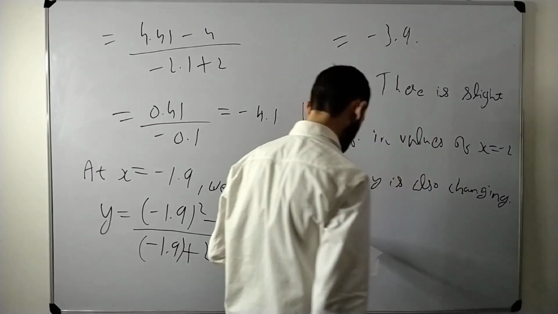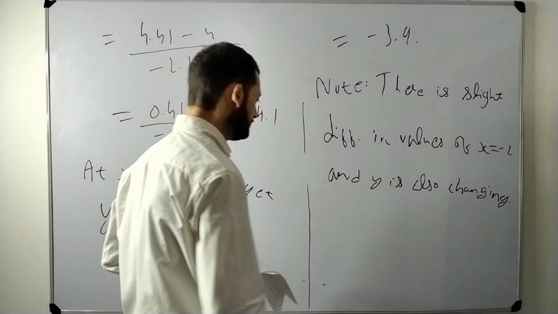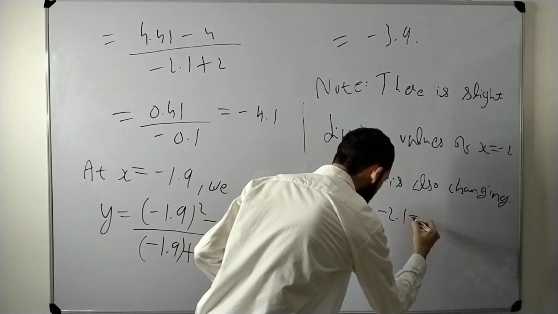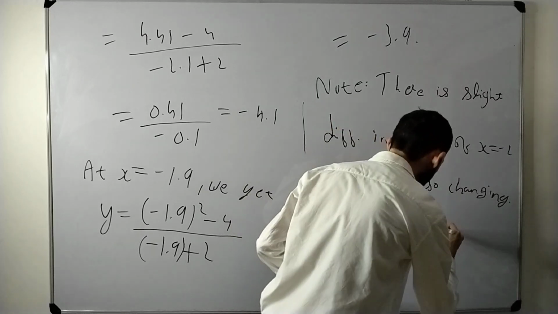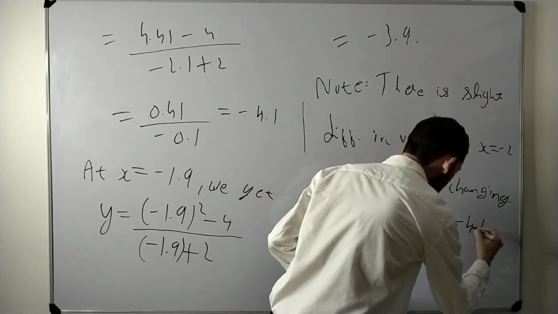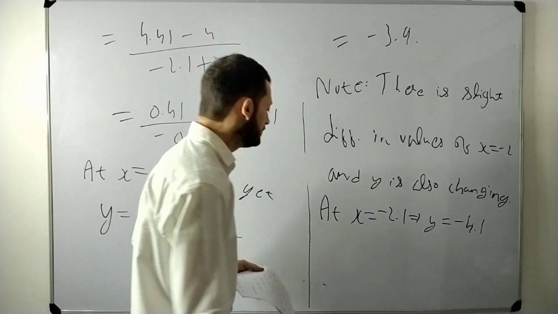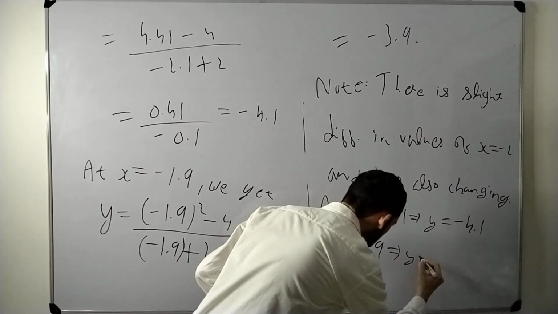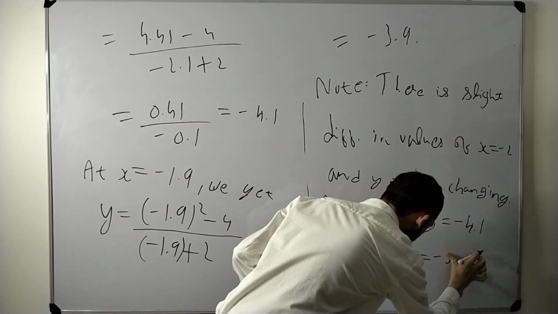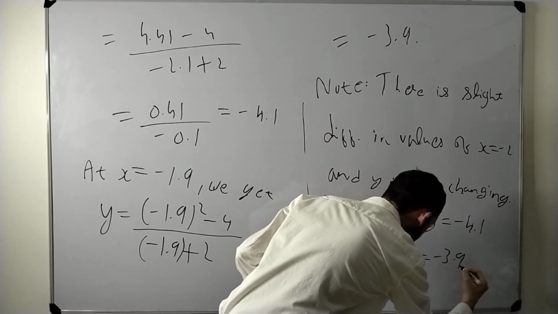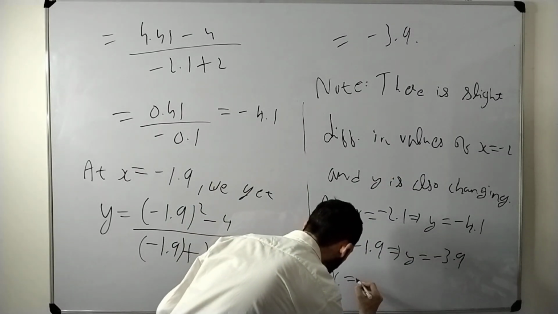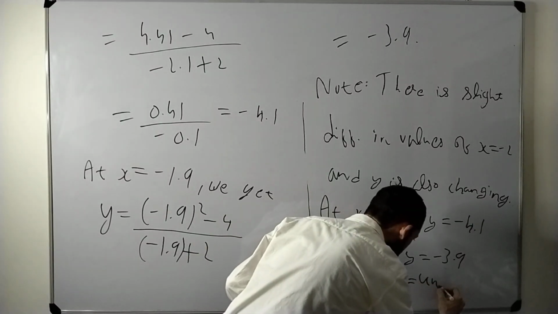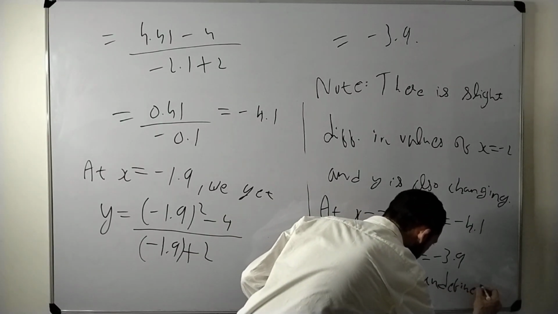At x equal to minus 2.1, y was minus 4.1. At x equal to minus 1.9, y was minus 3.9. And at x equal to minus 2, y is undefined, not giving anything reasonable.